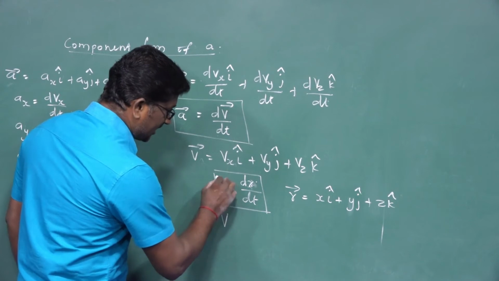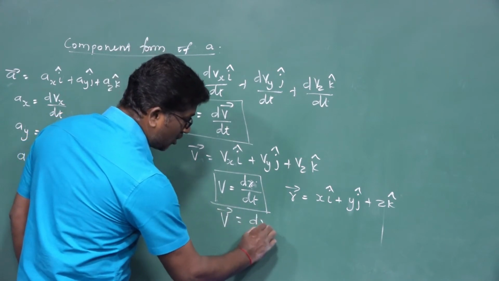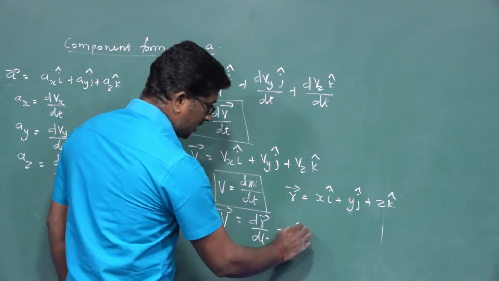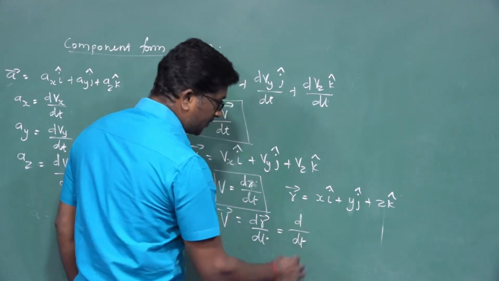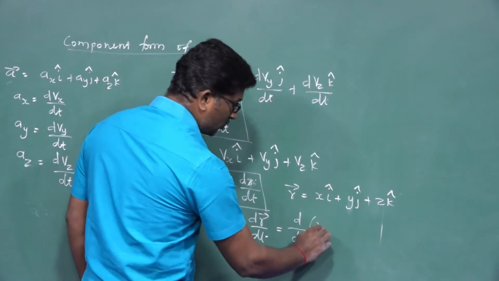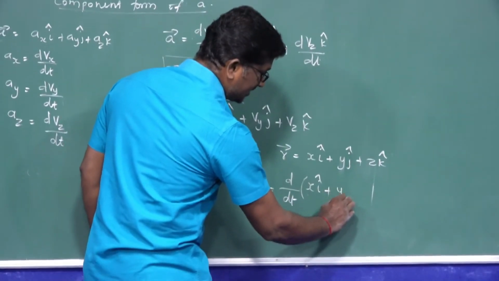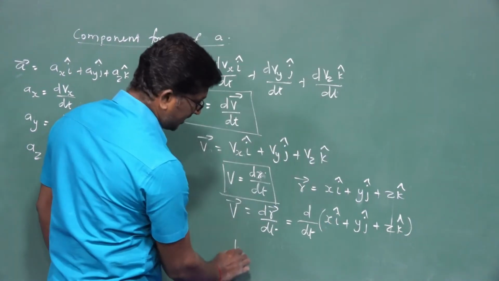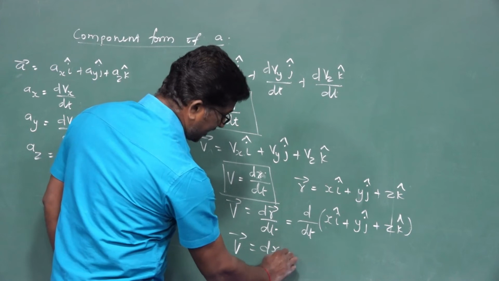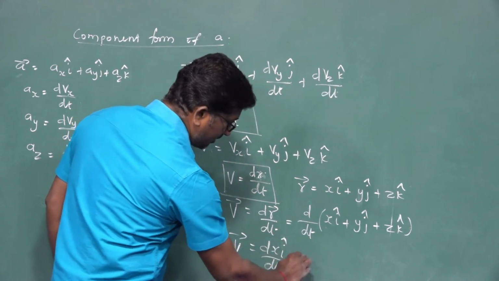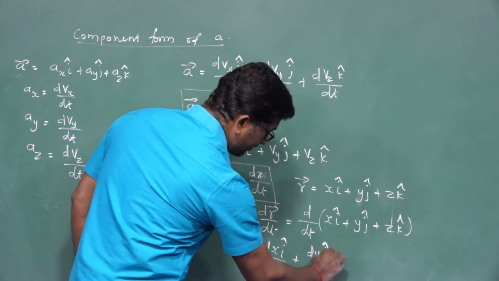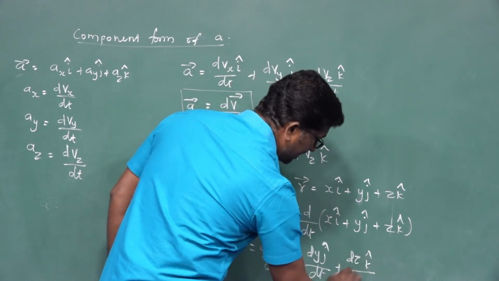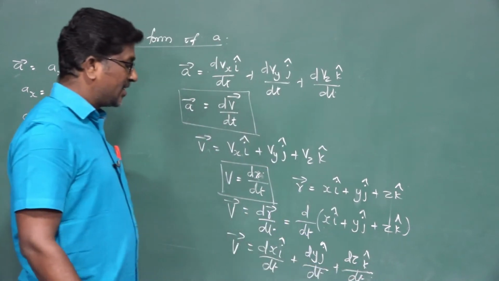So V vector is equal to dr vector divided by dt. This is the vector form of velocity, and d divided by dt of r vector gives V vector is equal to dx i cap divided by dt plus dy j cap divided by dt plus dz k cap divided by dt.